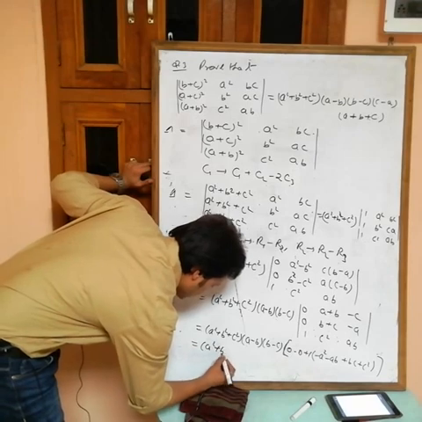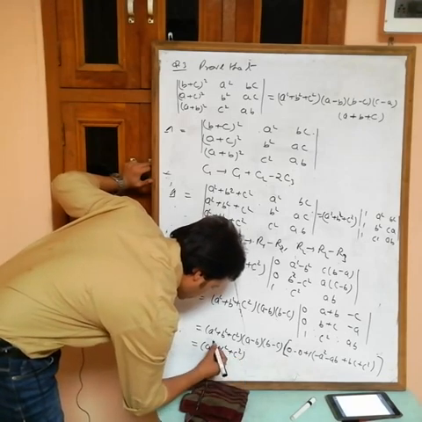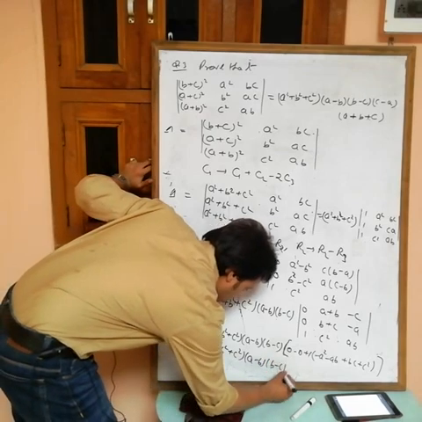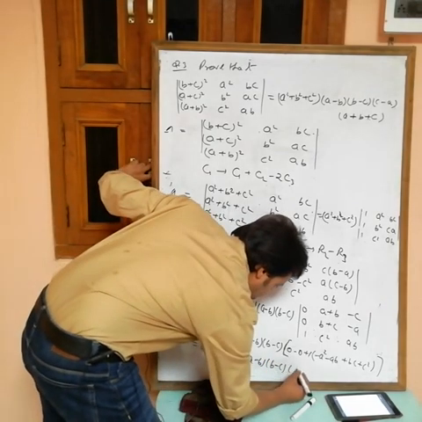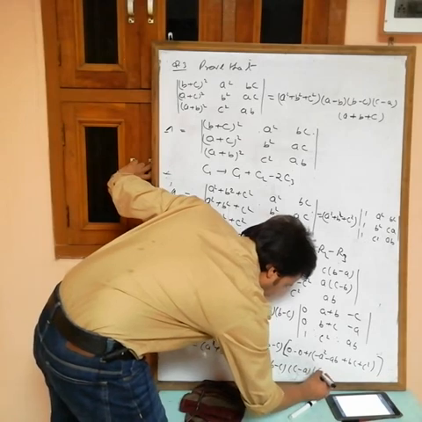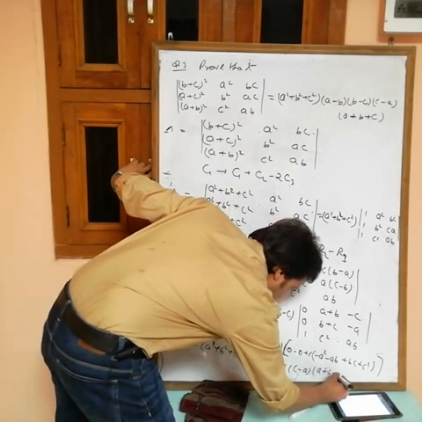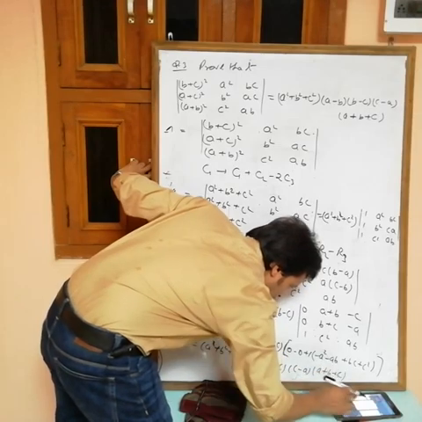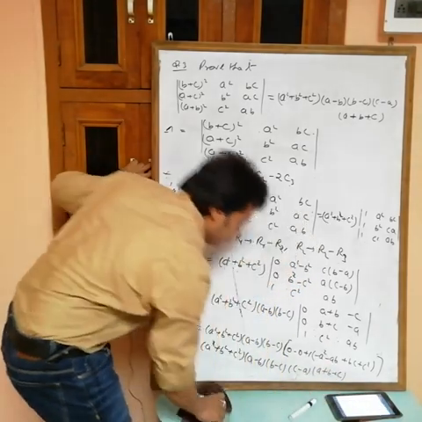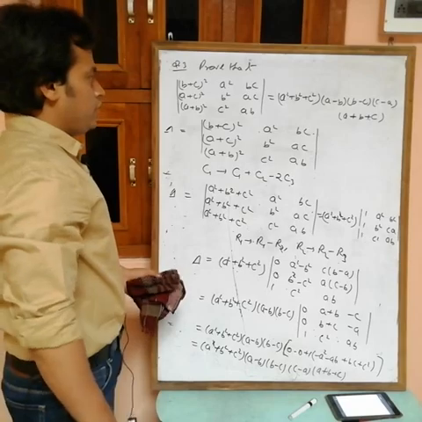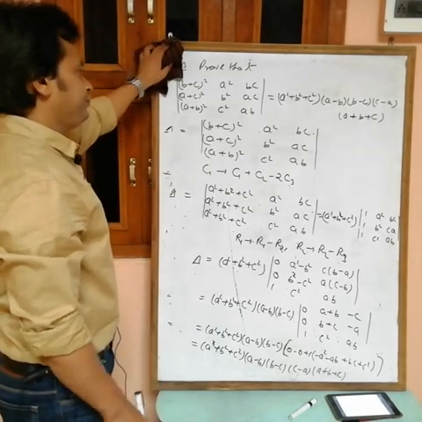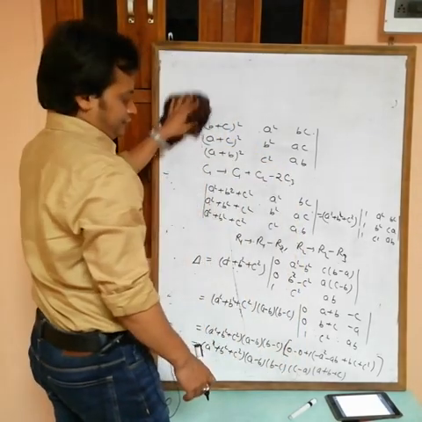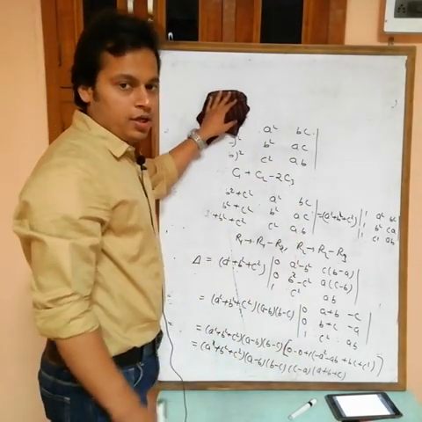Write down a square plus b square plus c square into a minus b into b minus c into c minus a into a plus b plus c remains. So can I write? Obviously. Done now?